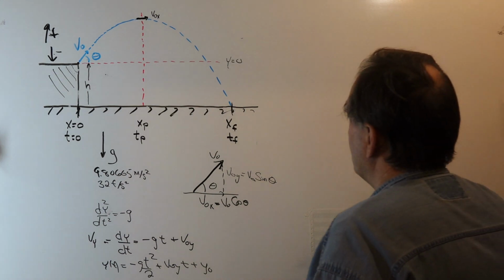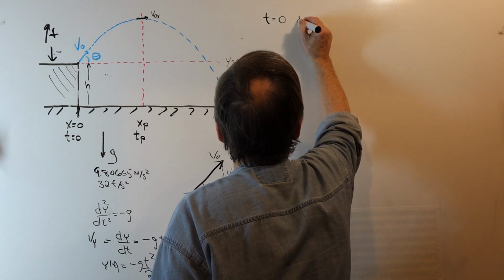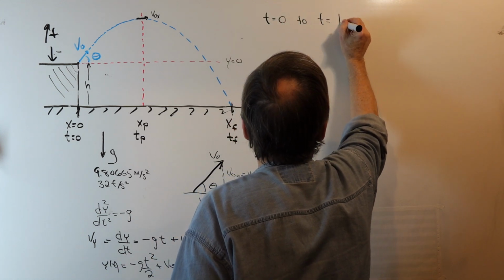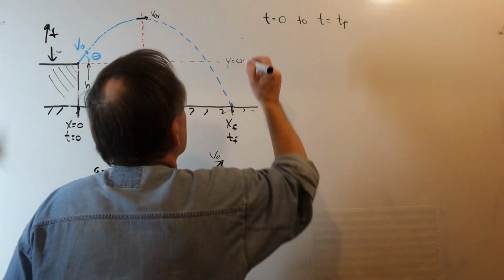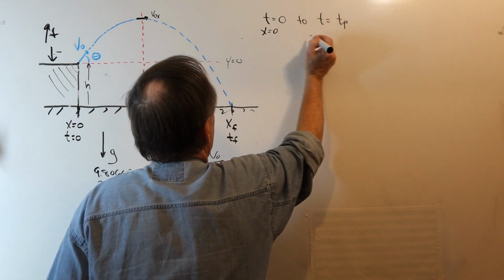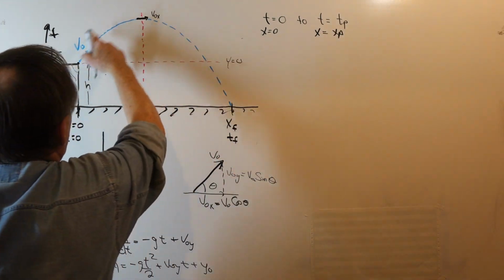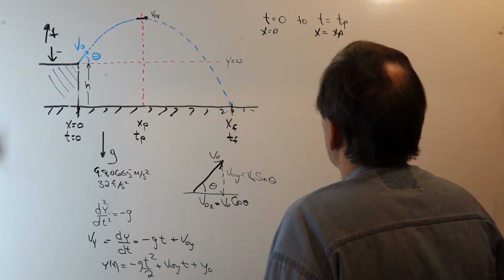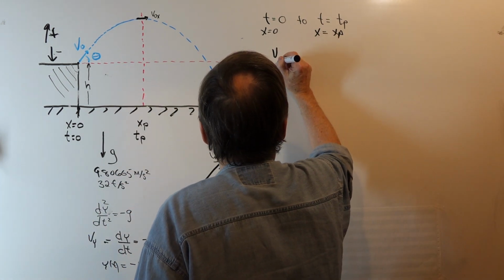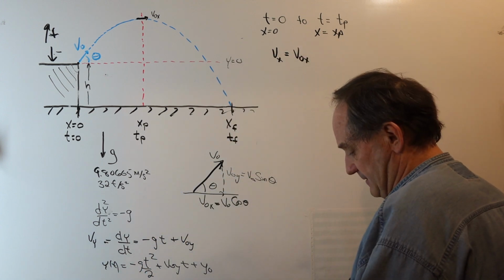So, we're going to now look at time from t equals 0 to t equals t peak, and we're going from x equals 0 to x equals x peak. In this case, we're looking at this interval here. So, our velocity in the x direction is v0x.